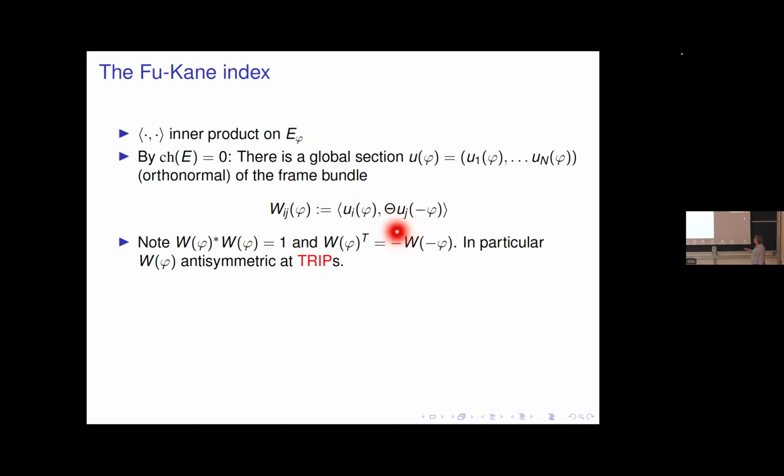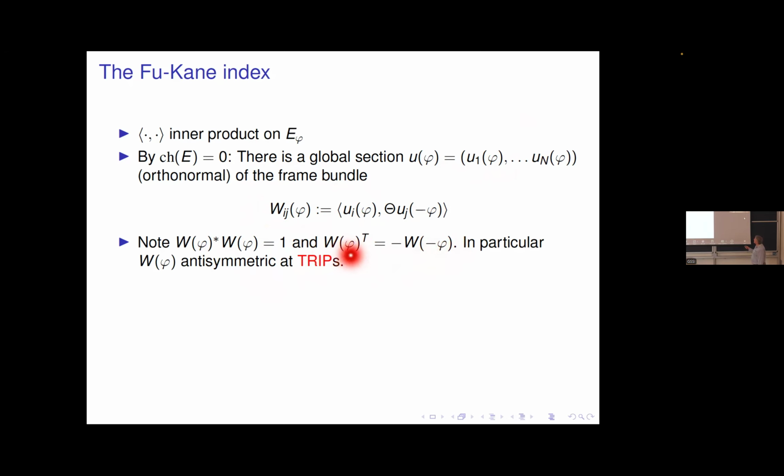Now, the u_j that came from minus phi are still linearly independent when you map them with theta, and this is anyway a basis. So this matrix here is a change of basis matrix, and in particular it is invertible, and in fact, if the basis had been chosen orthonormal, it is unitary. Another property, which has to do with the fact that theta squares to minus 1, is that if you take the transpose of this matrix at any phi, you get, up to a minus sign in front, that matrix at the opposite point minus phi.